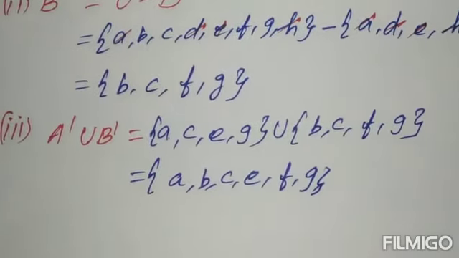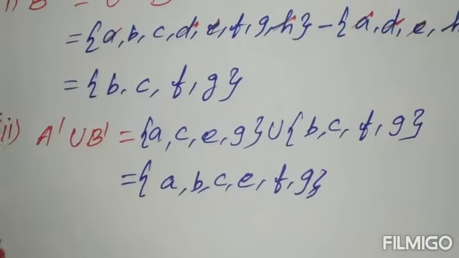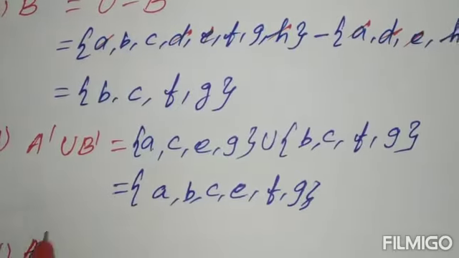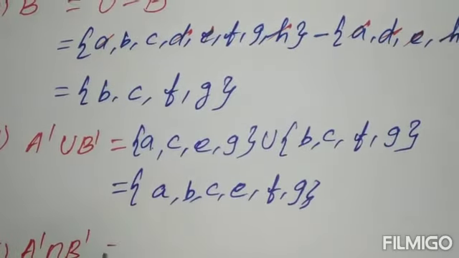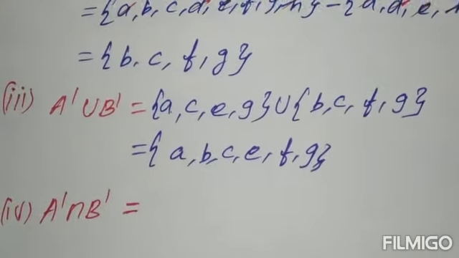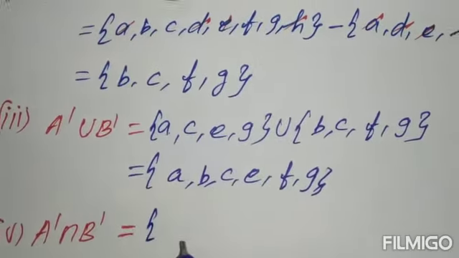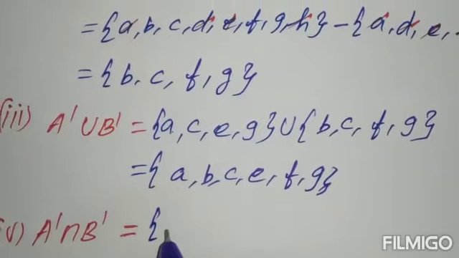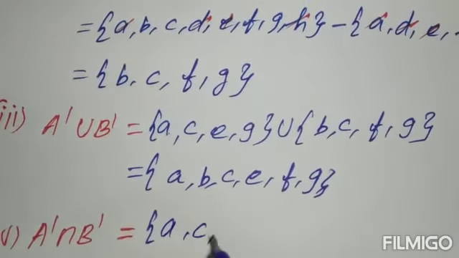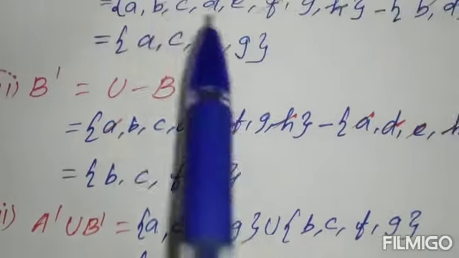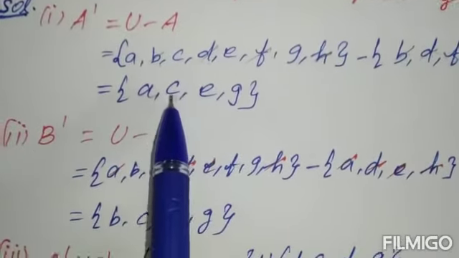Next, the fourth one is A complement intersection B complement. So this also we list the elements of A complement and B complement, then write the common elements. The elements of A complement are A, C, E, G. These are the elements of A complement.